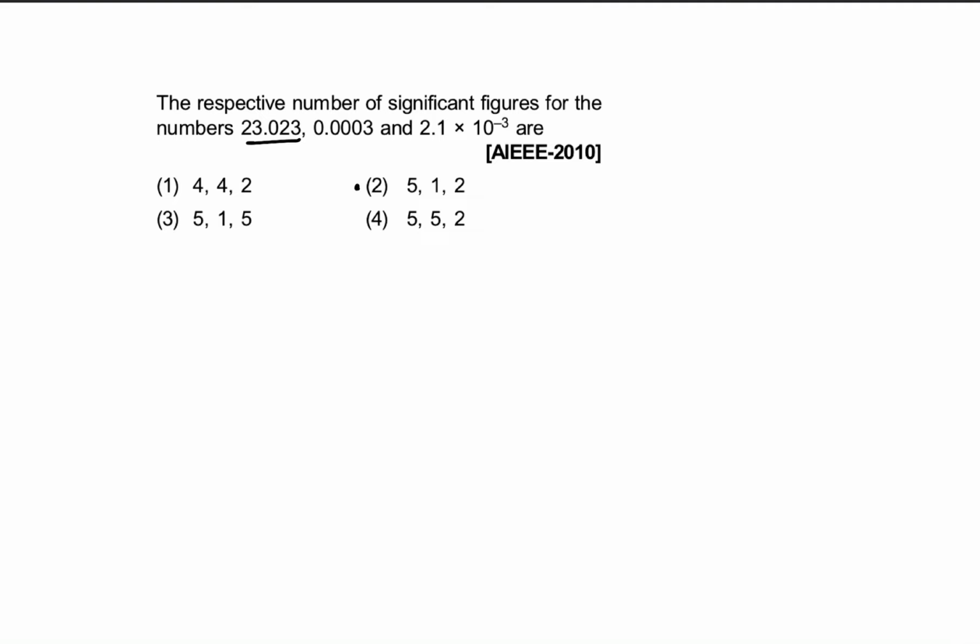Okay, now we are going to see the questions. We can see the respective number of significant figures for the numbers 23.023, 0.003, 2.1 into 10 power minus 3.